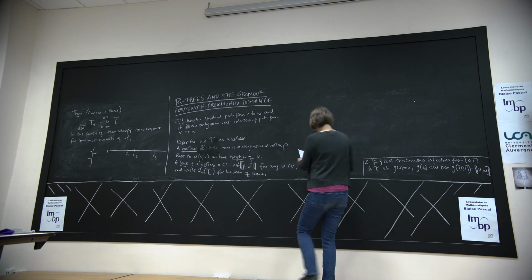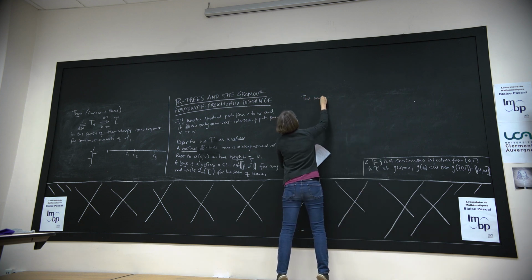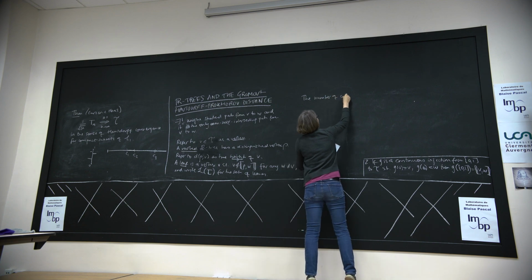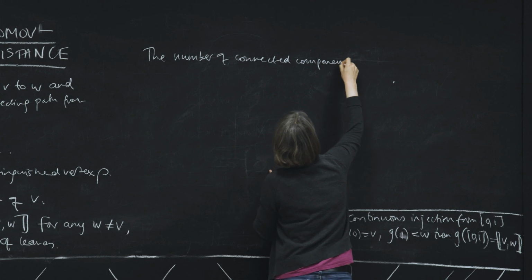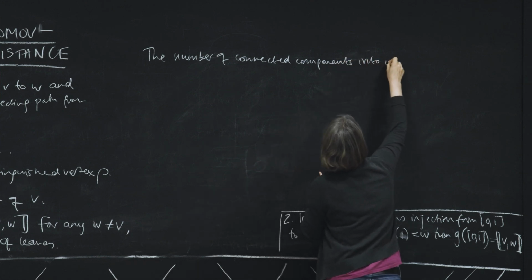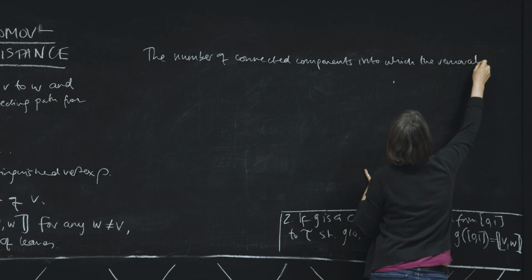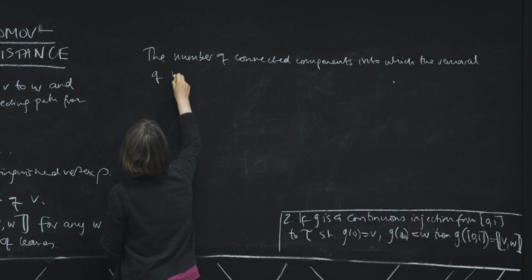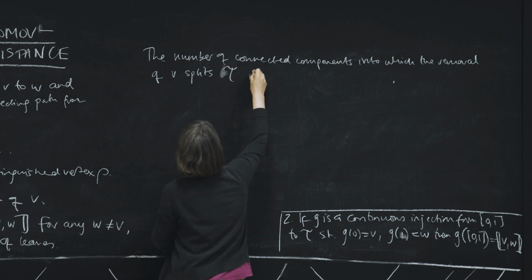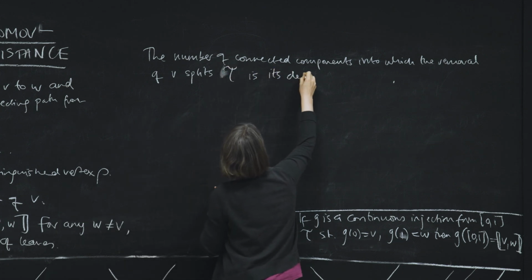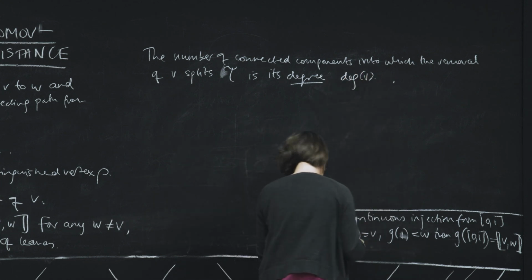So the number of connected components into which the removal of V splits T is its degree.